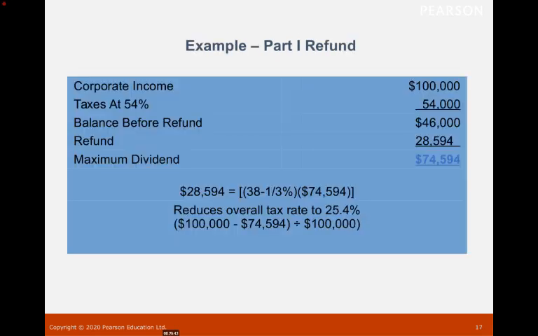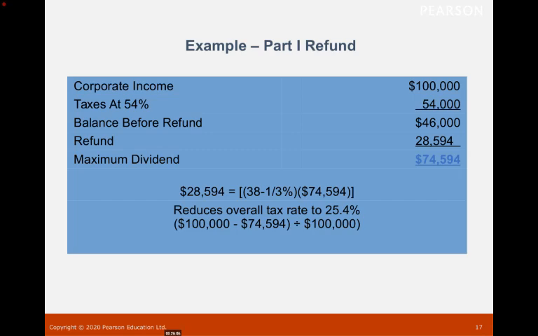So here's a little example. We have our corporate income at $100,000. That gets taxed at 54%. Then we have a balance before the refund. Well, then we get a refund. That refund was this maximum.